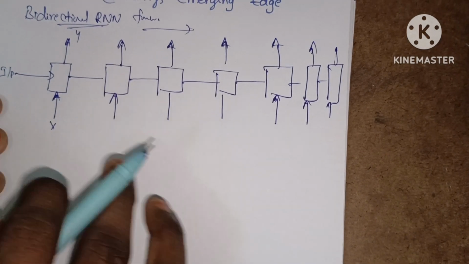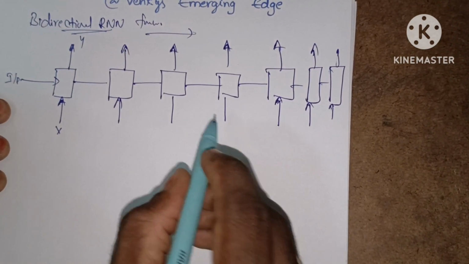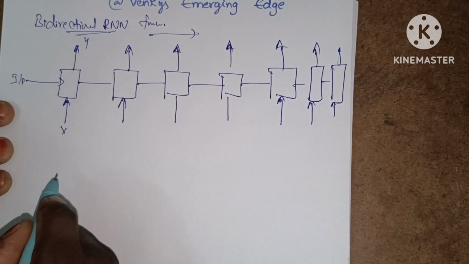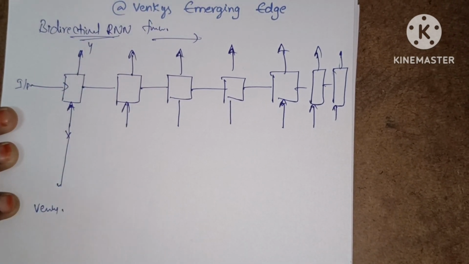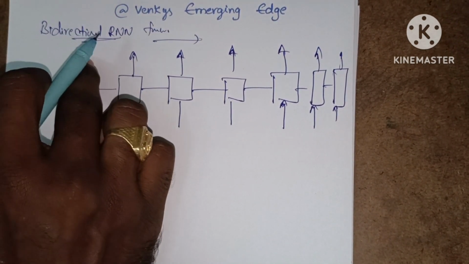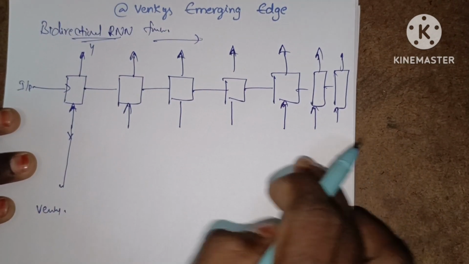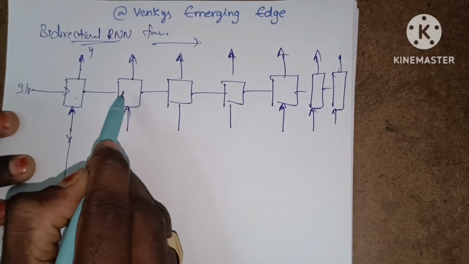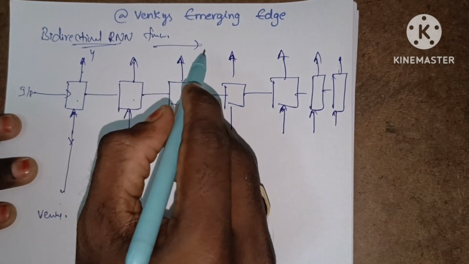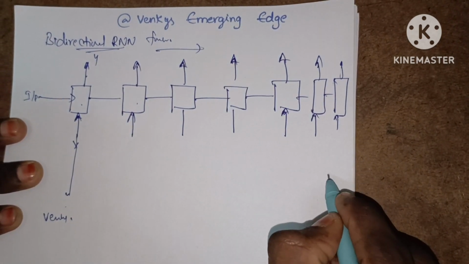First of all, here what will happen? The given input is Venki. Input is taken, next processing, then go to the next. But in bidirectional, what will happen?